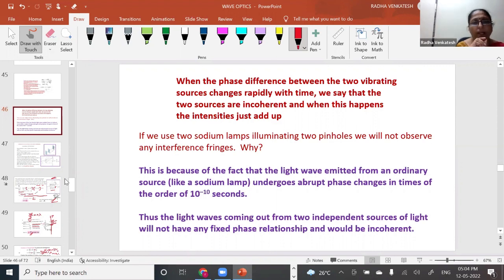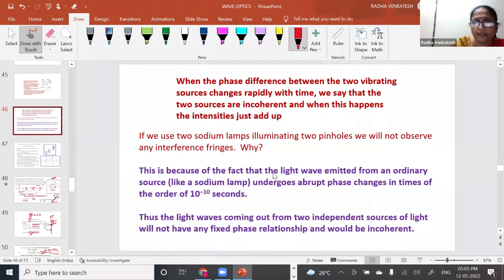Now it will be bright, the very next moment it might be dark. So I'm not going to get at the same point a constant constructive or destructive interference. Are you getting me? So that is the reason for 2 independent monochromatic sources not behaving as a pair of coherent sources. That is what is given here.